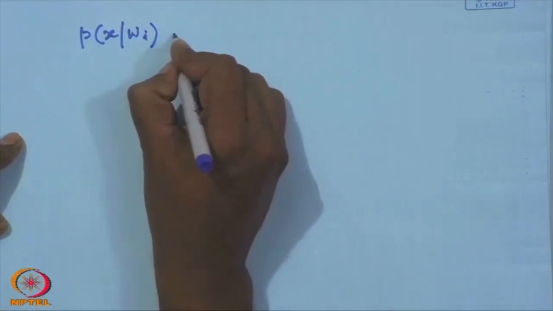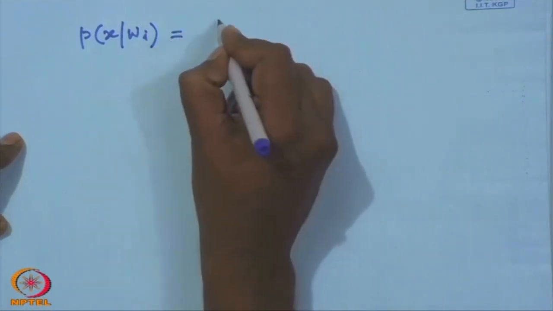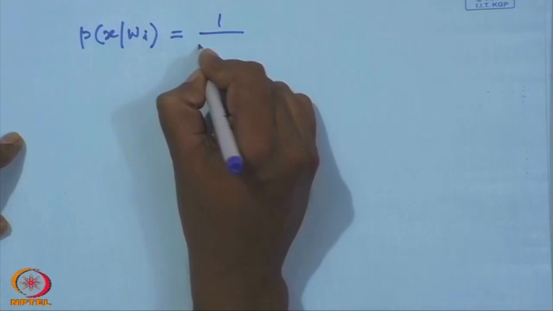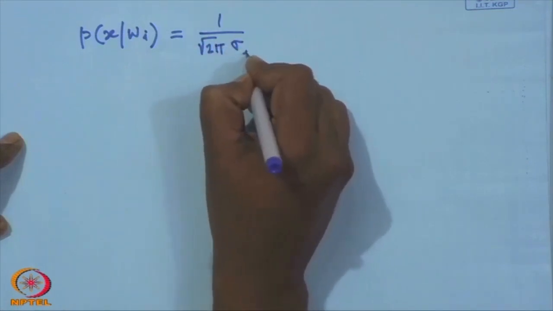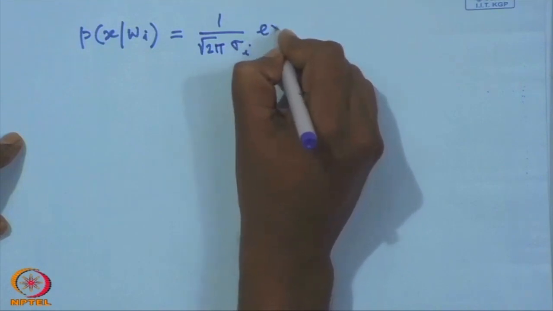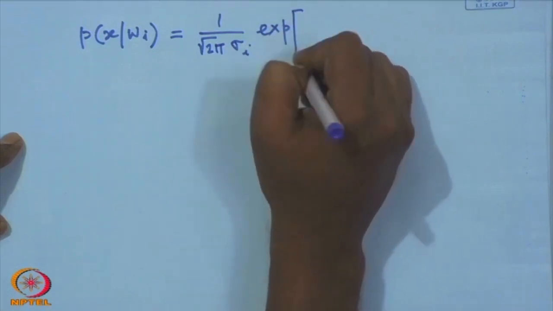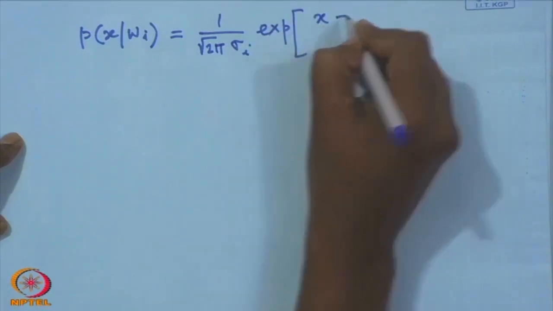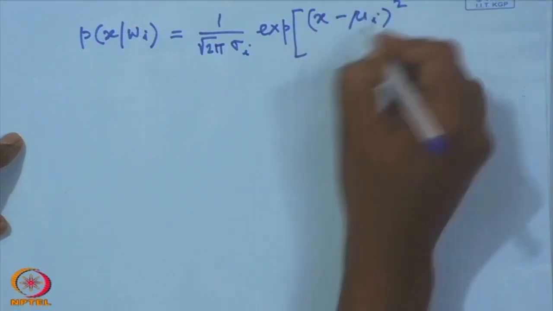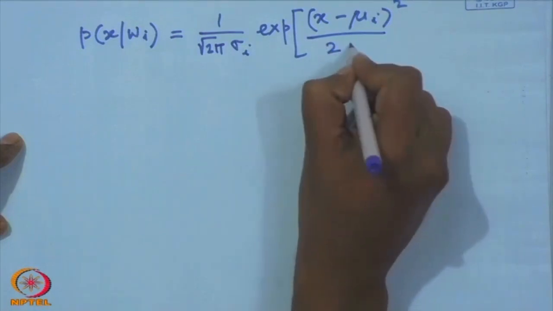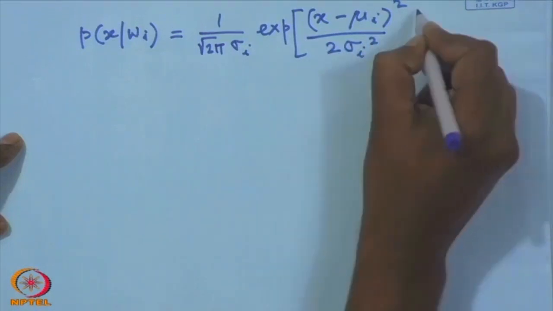The expression of p of x given omega I will be similar: 1 upon square root of 2 pi into sigma I, exponential of minus x minus mu I square upon 2 sigma I square.